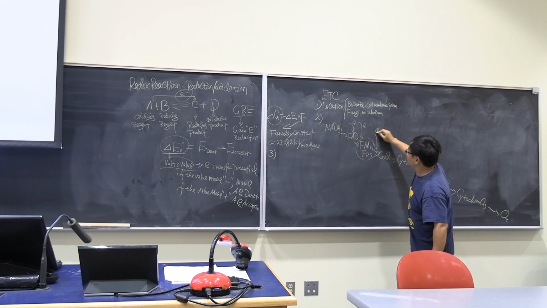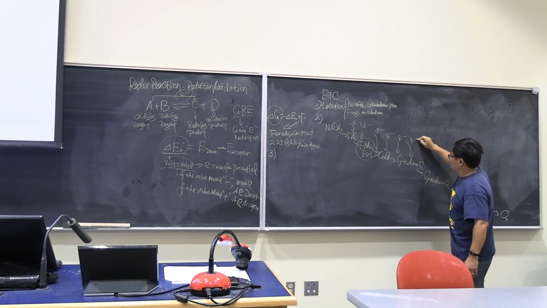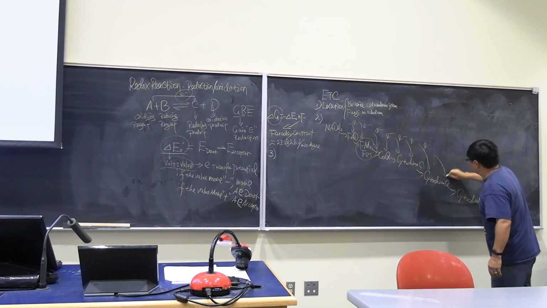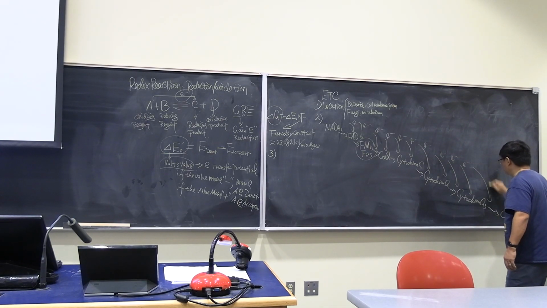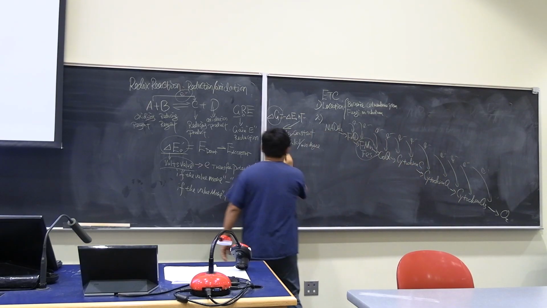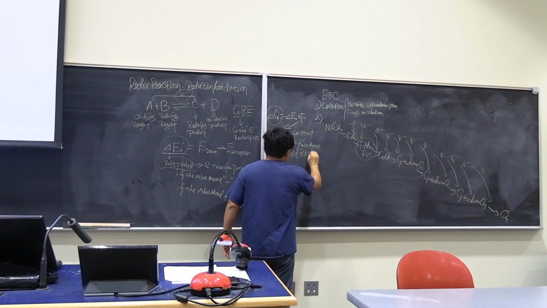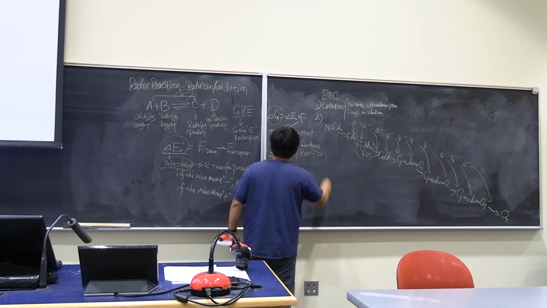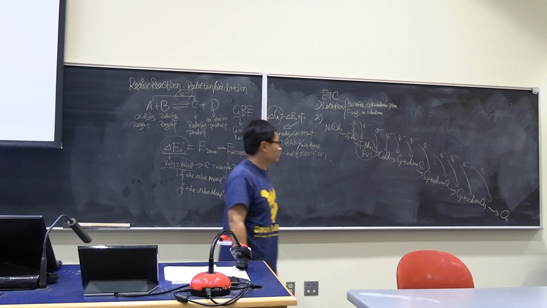The more positive value is the more electron acceptor. That's the first thing. We also call it a two-half reaction. Why do we say two-half reaction? Because half of that is reduction, half of that is oxidation.